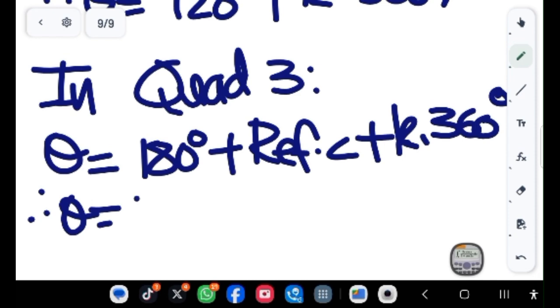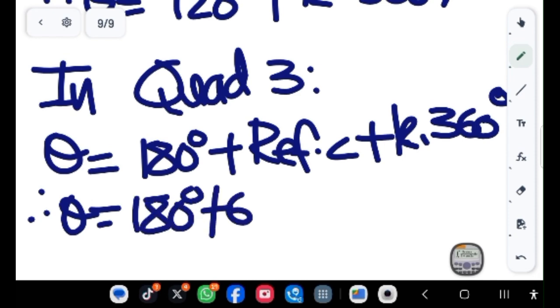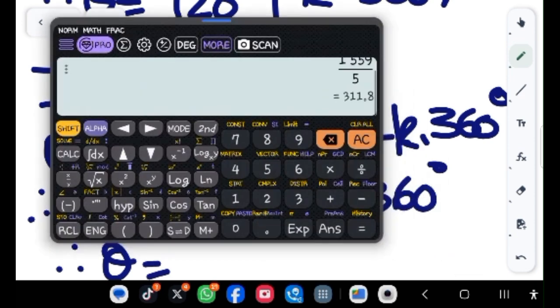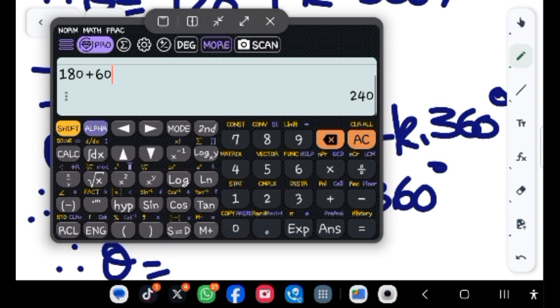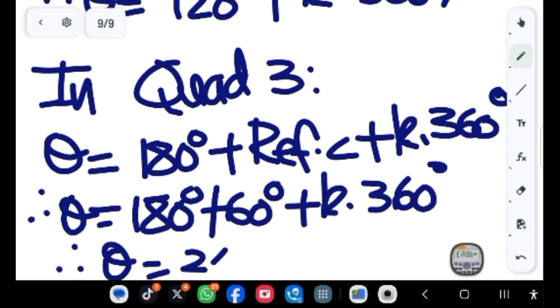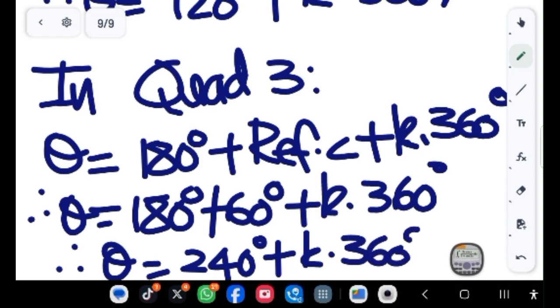Therefore, theta equals 180 plus 60 degrees, that is 240 degrees, plus k times 360 degrees.